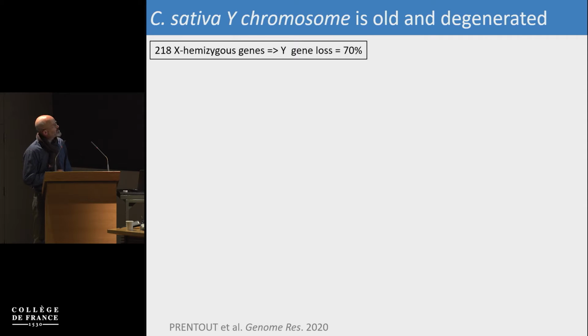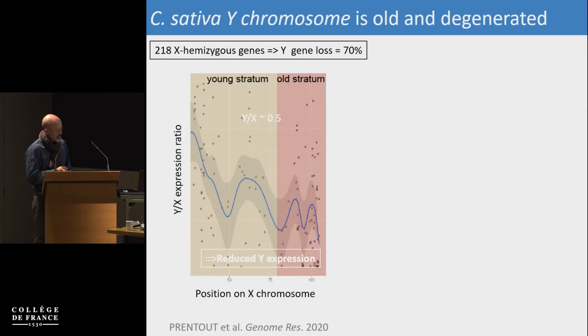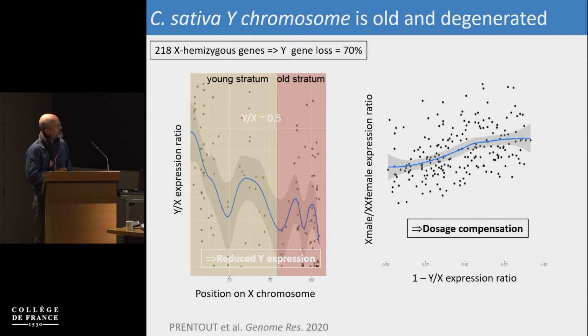Then we tried to characterize this system. We found that probably the Y chromosome has lost 70% of its genes, and the Y over X expression ratio was found to be 0.5 on average, which is a very low value for a plant system. And also we found, so this is a measure of dosage compensation and a measure of Y degeneration, and we found evidence for dosage compensation in this plant.